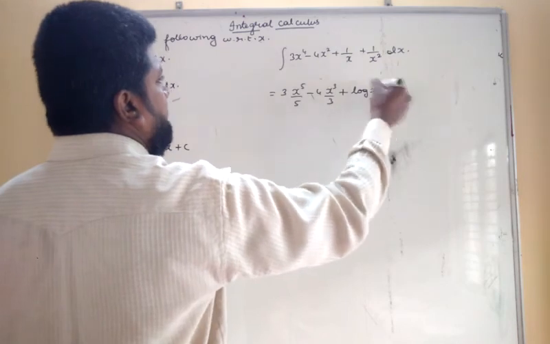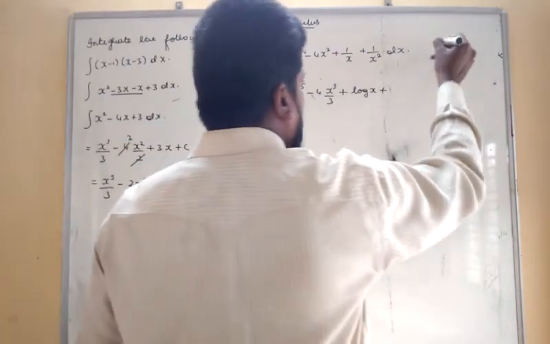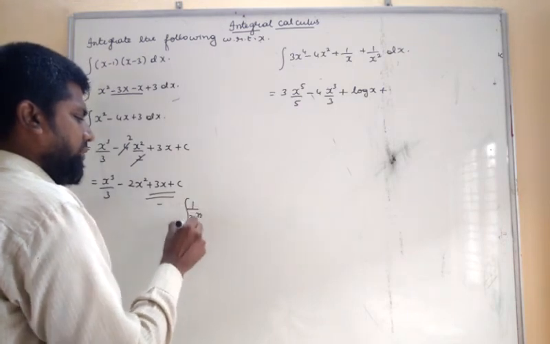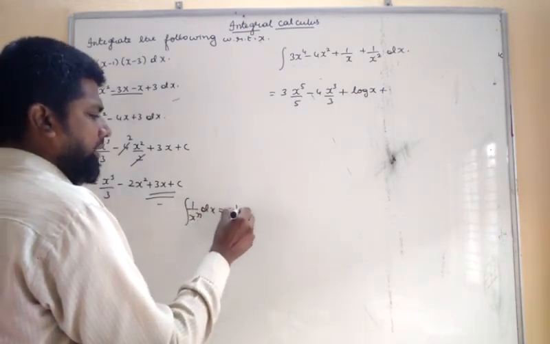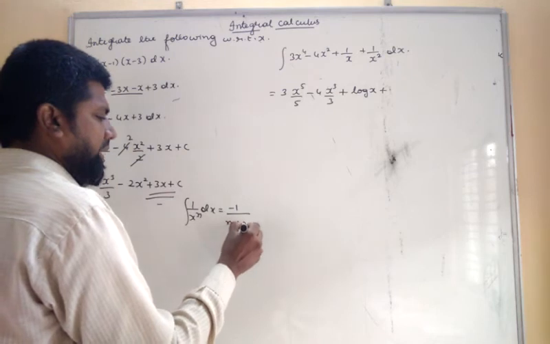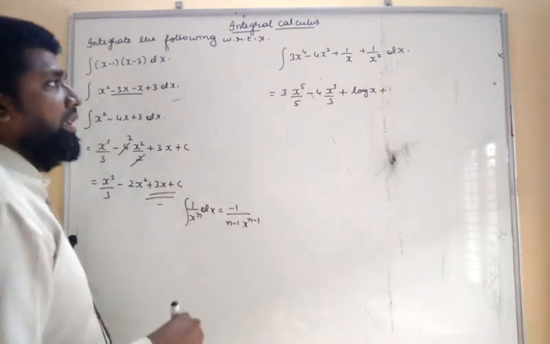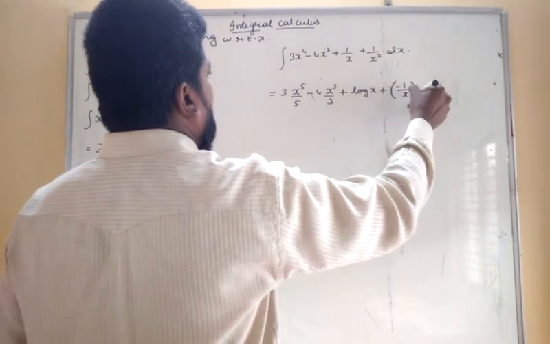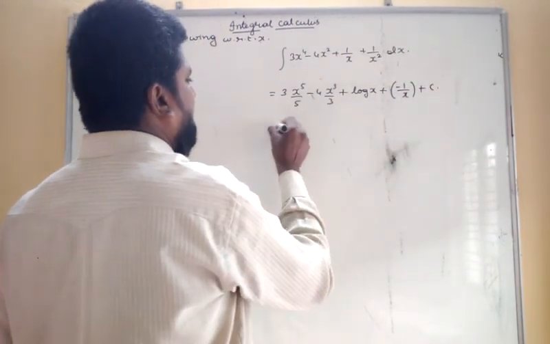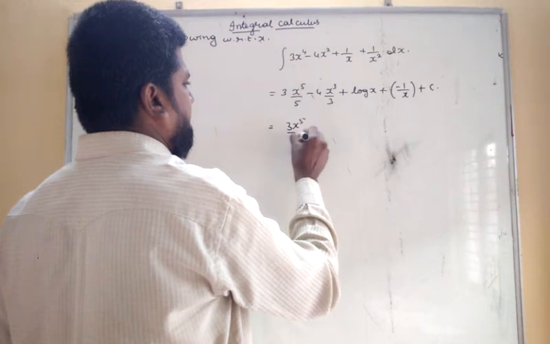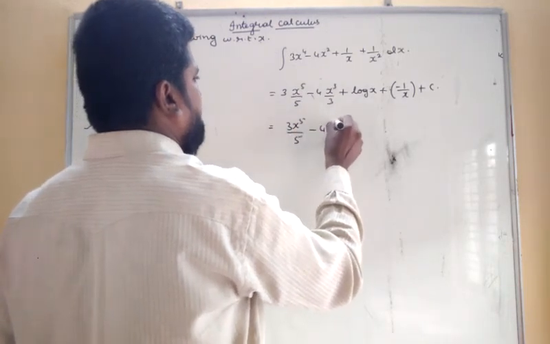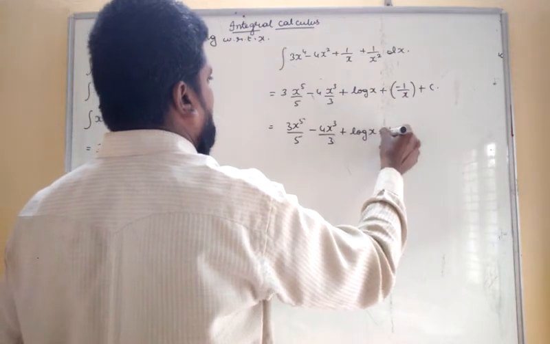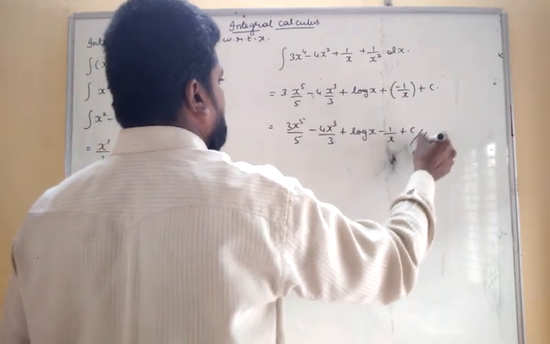Then for 1 by x square we apply the identity: 1 by x to the power of n integration is minus 1 by n minus 1 into x to the power of n minus 1 plus c. So applying it, we get minus 1 by x plus c. Then 3x to the power of 5 by 5 minus 4x cube by 3, then log x minus 1 by x plus c.